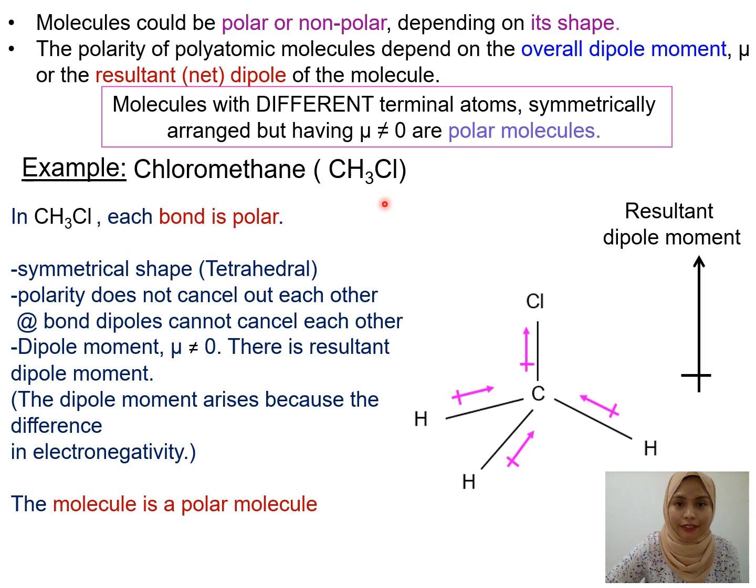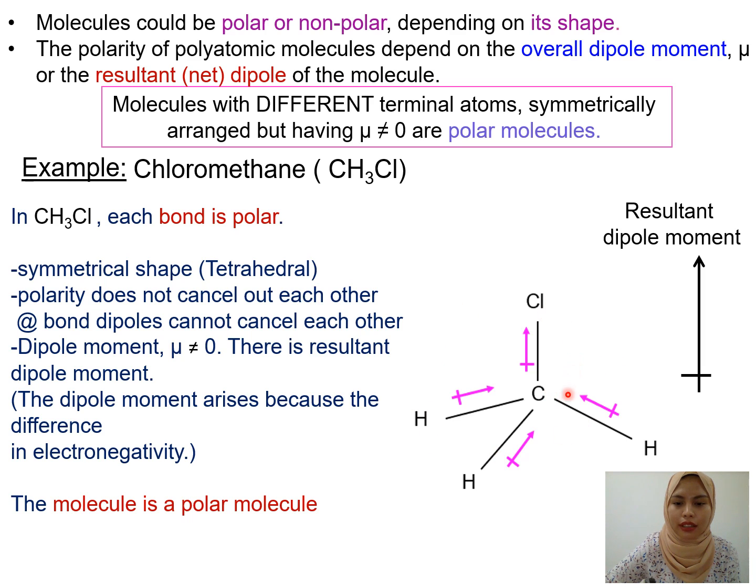Alright, next ialah if let's say you ada molecule CH3Cl. So if let's say you lukis Lewis structure untuk CH3Cl, you akan tahu carbon akan jadi central atom and this carbon ada 4 electron pairs around it. So untuk molekul yang ada 4 electron pairs around, therefore the shape will be tetrahedral.